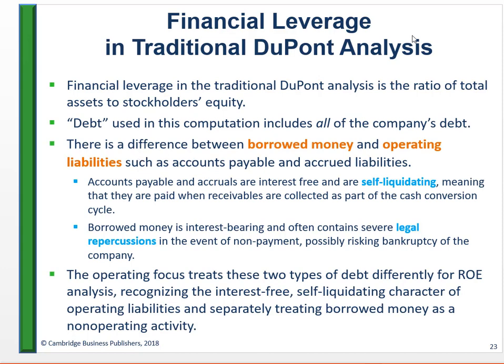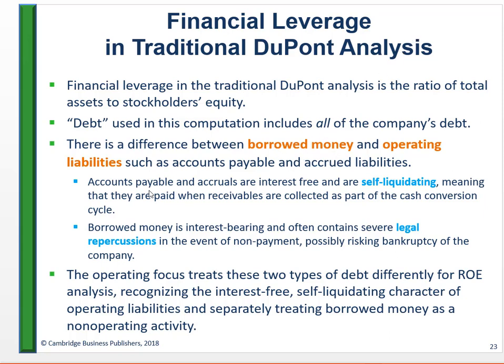So think back to the DuPont analysis that we just went through, and we broke down ROE into return on assets and financial leverage. So financial leverage was defined by debt on the balance sheet. Well, this method that we're looking at now is similar but nuanced, because we look at operating versus non-operating assets.